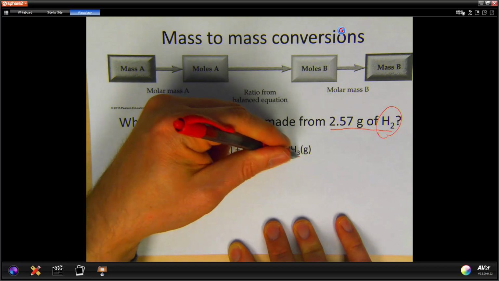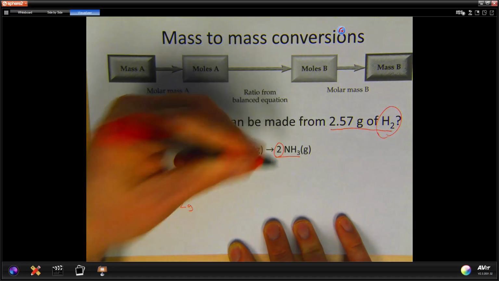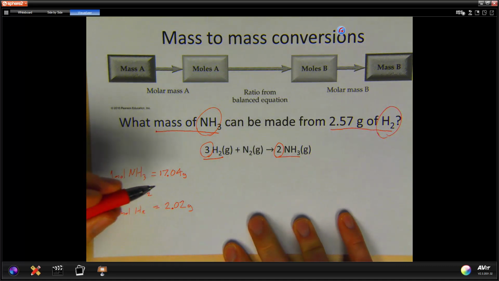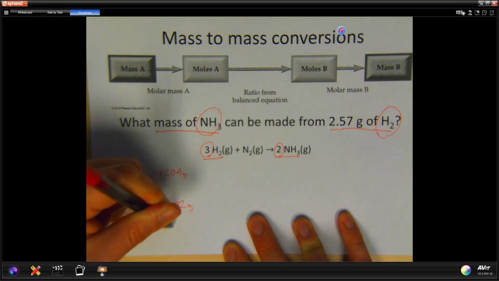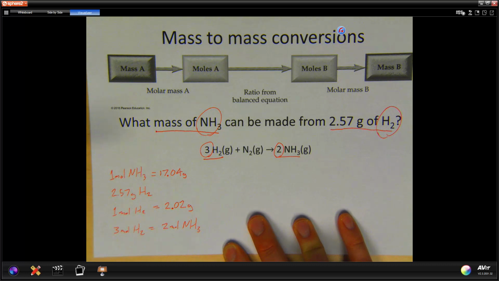So we have NH3 here, we have H2 here, and the relationship is the coefficients in front of those substances in the balanced equation. So what we can say is 3 moles H2 is equal to 2 moles NH3. Okay, so this is the information that we will probably need.